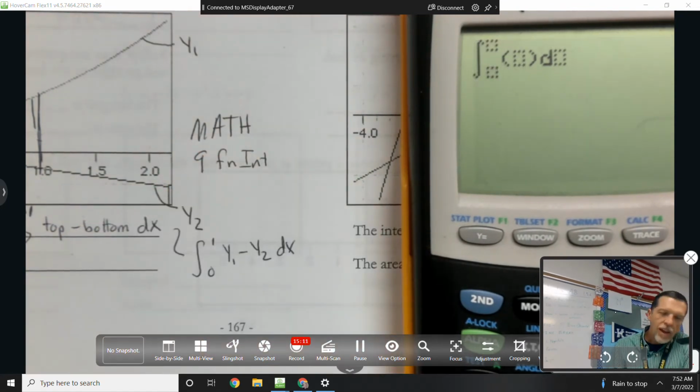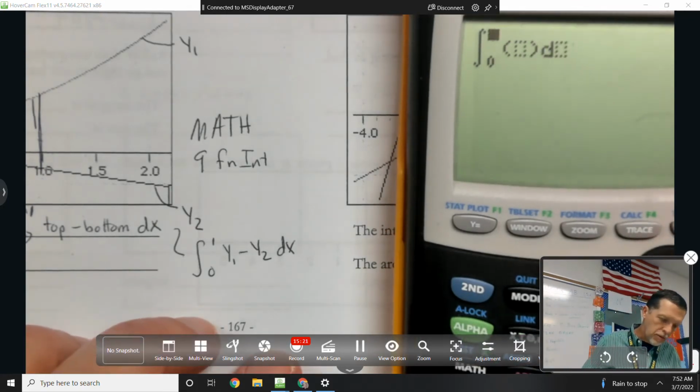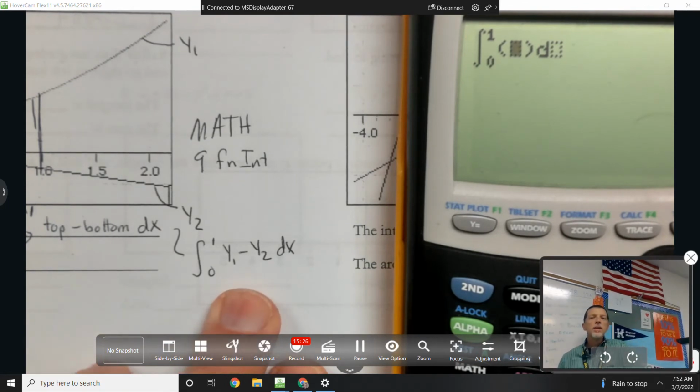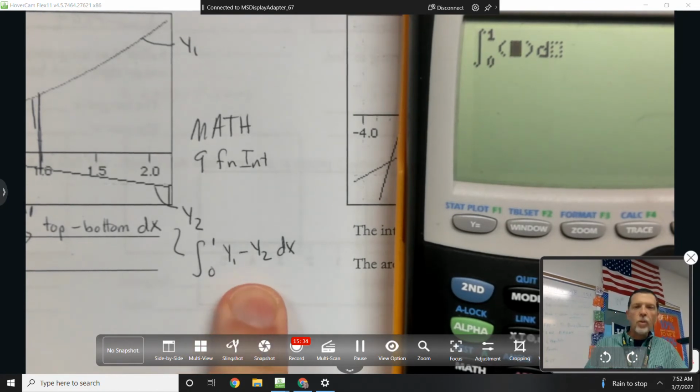And if you have a reasonably updated operating system on your calculator, it looks like that. I don't know if we still have any old ones that don't look like that. So we're going to go 0 to 1. Here's the best part. You don't have to type in x squared plus x plus 2 minus negative x. You can do y1 minus y2.